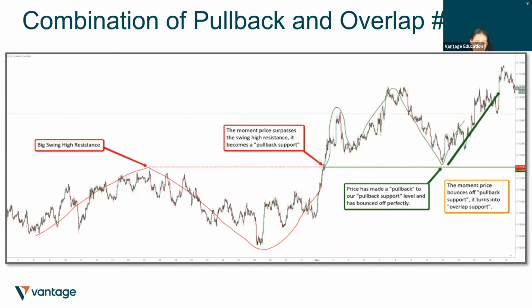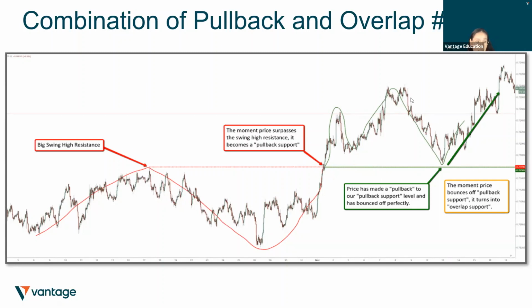Okay, so the difference between a pullback and an overlap. So if you look over here, the pullback support occurs when it surpasses the level. So once it surpasses this level, it's not yet an overlap. It's purely a pullback. So we call it pullback because we are expecting it to retrace or pull back to this level.